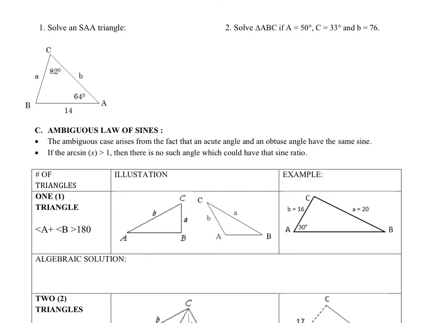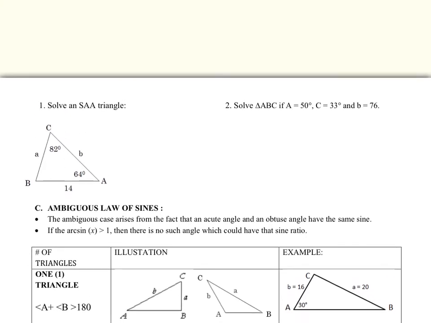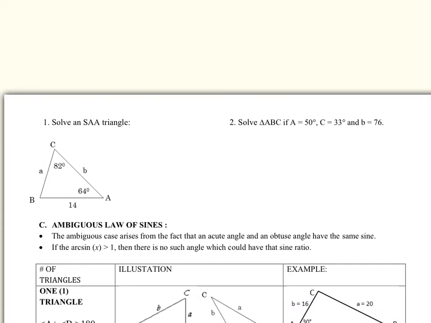Okay, let's look at this guy right here. Problem number 1. One of the things I need when I set up the law of sines is I need angles across from sides. So here's a side and an angle that are across from each other. I notice that I have side C and I also have angle C. So I should be able to use that guy. That's going to be 14 over the sine of 82 degrees.